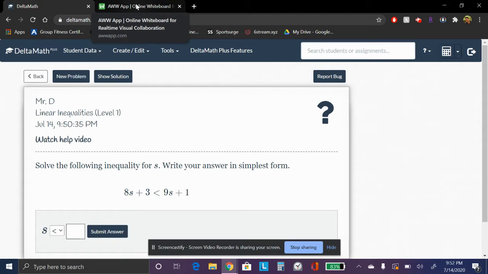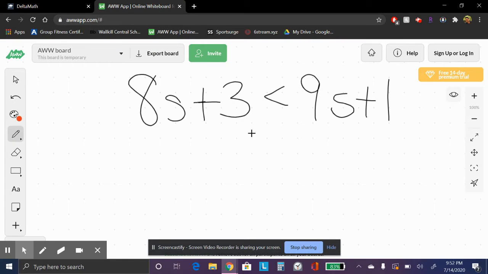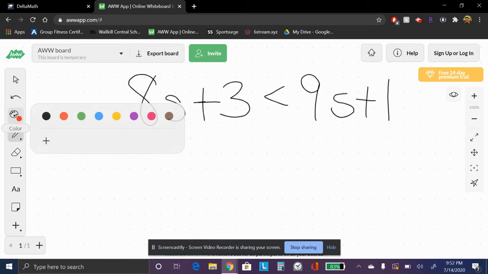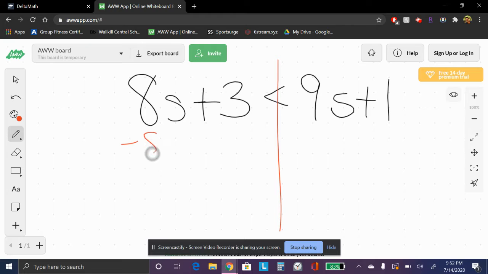So let's solve this inequality right here: 8s plus 3 and 9s plus 1. You have four different options, but what I would do is I would minus 8s from both sides.